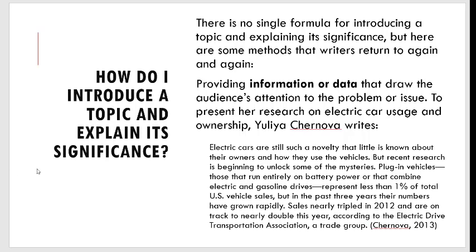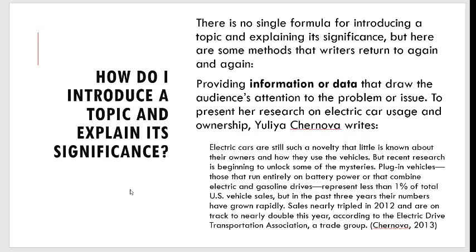In this example, as you can read here, they talk about the topic of electric cars, but they get into information and data regarding the sales of them. By introducing it from that perspective, we know already that some aspect of economics is going to be addressed within this particular article, simply because of how they present it, or the data or information they chose.